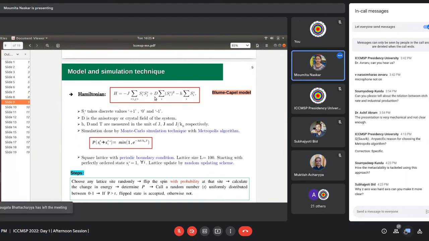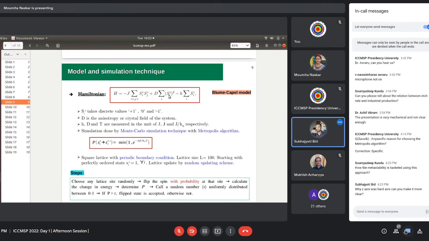Yes, actually, when you put S_iz equal to +1 or -1, and when you put S_iz 0, there is an energy splitting.